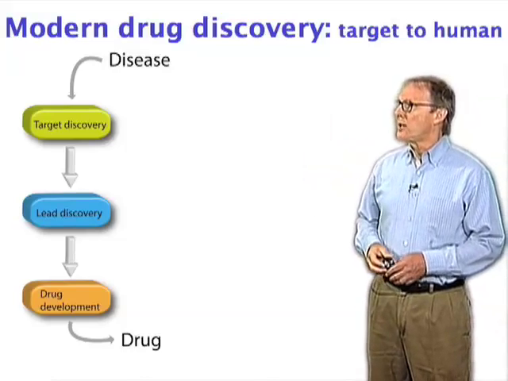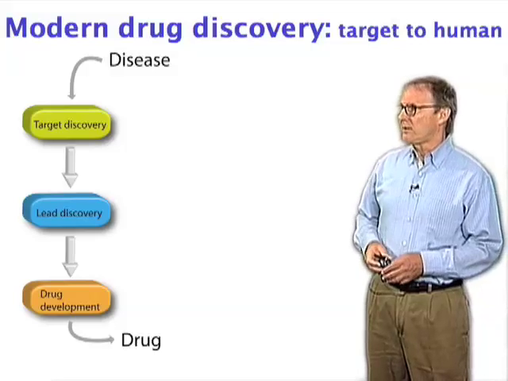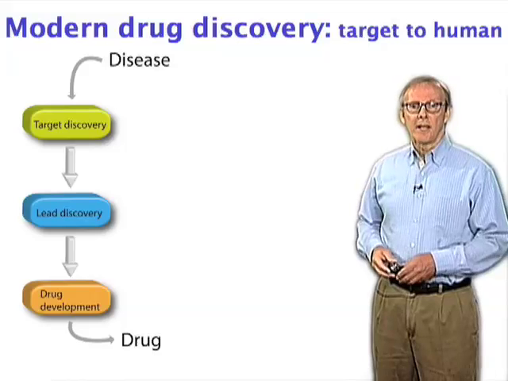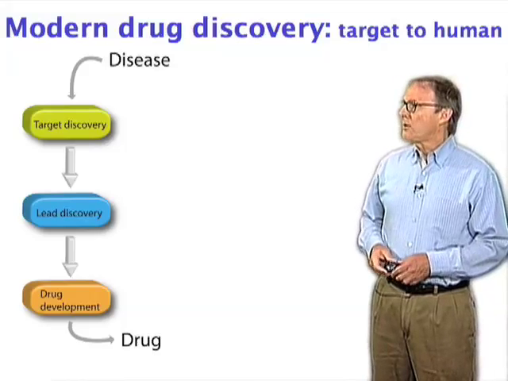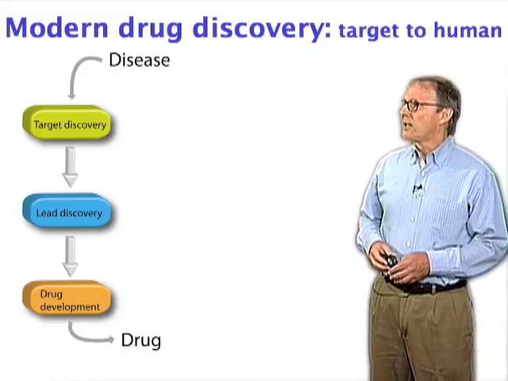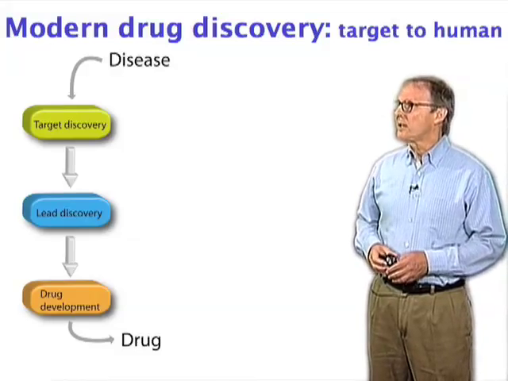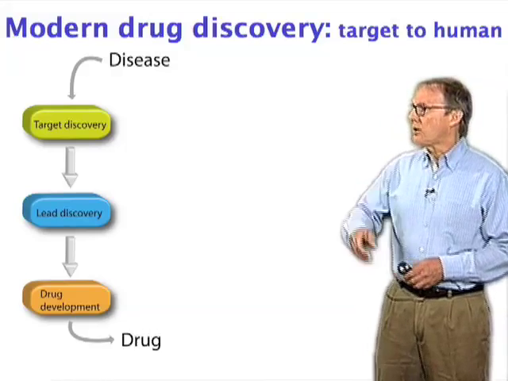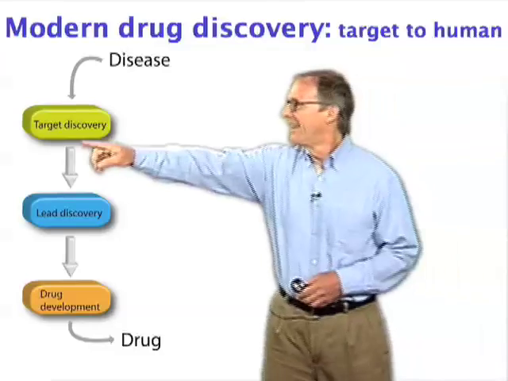From that disease, one tries, through a lot of biochemical, cell-based, genetic, and other means, to identify the target, the molecular species in a cell or an organism that's causing that disease. One then develops a drug to that target, as you can see here.